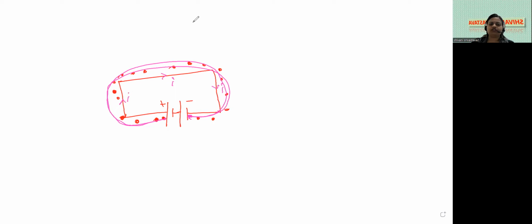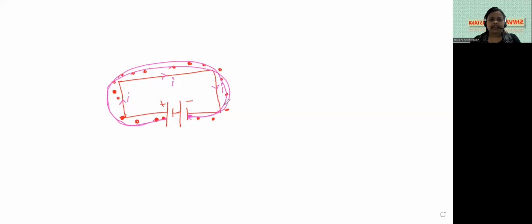Got it? So this much I want to tell you before starting the resistance. So as we know that electron is moving from one terminal to the another terminal. So if we consider this is a wire, electrons move from this one position to this one position. Like this only we have considered, okay?